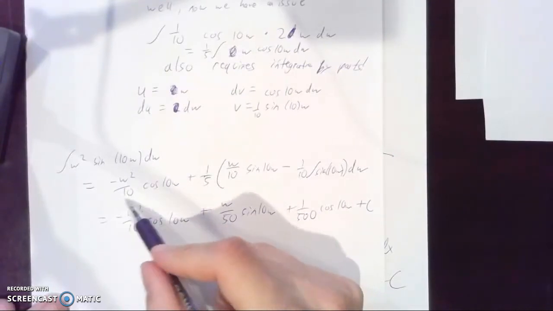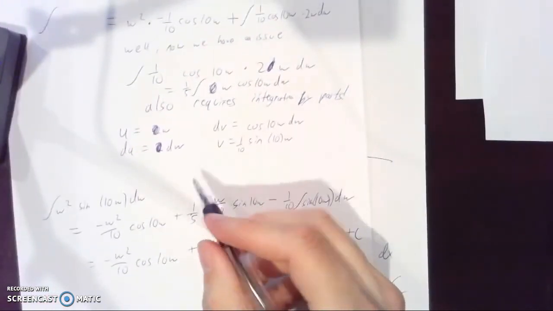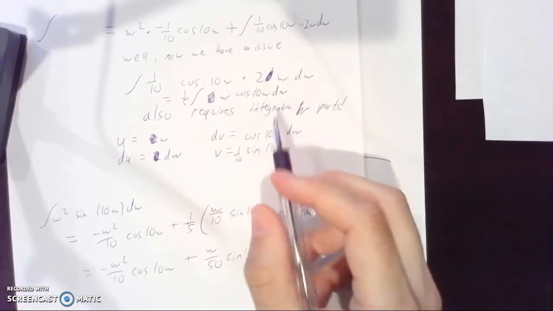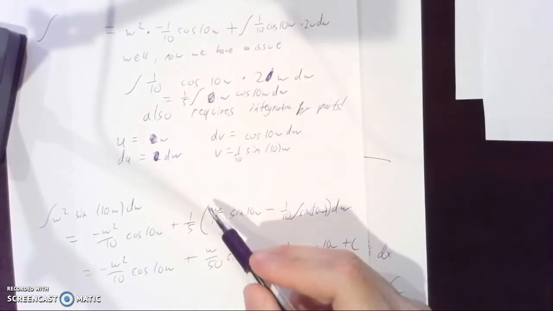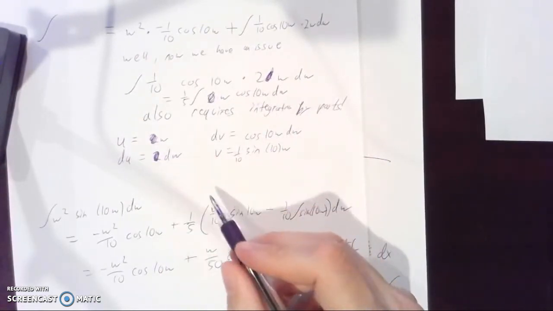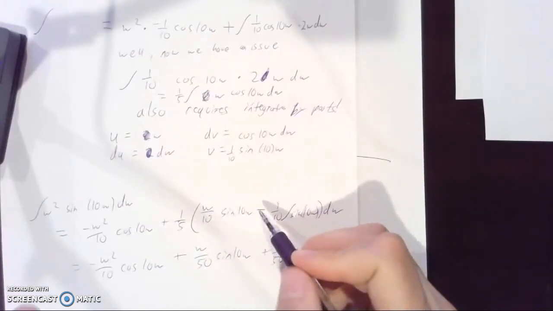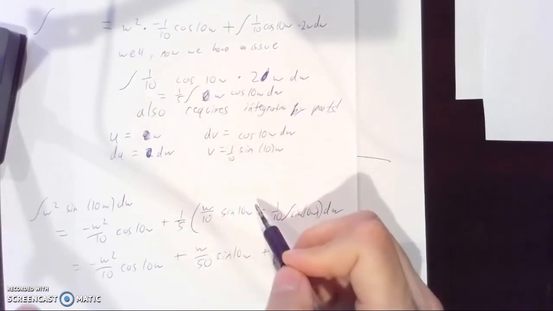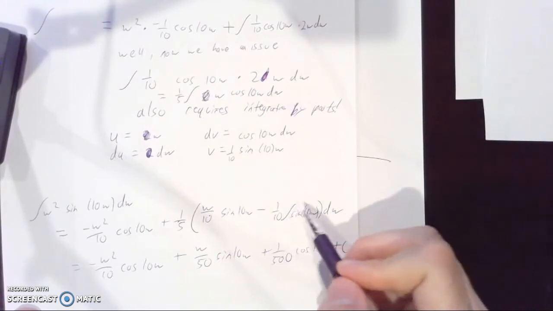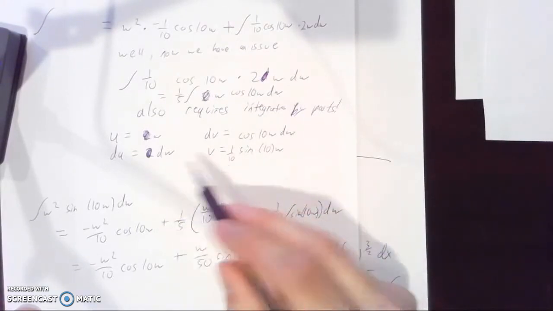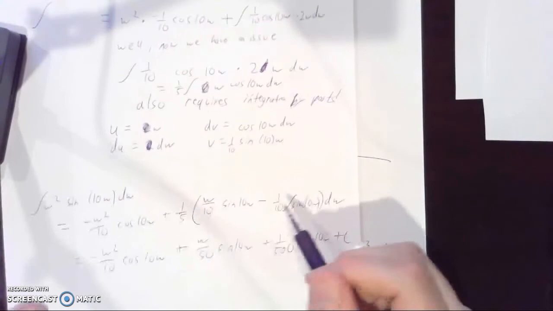We have our first part that was fine. We have 1/5 of the integration by parts that we had to do here, which is uv, w over 10 sine of 10w, minus 1/10 integral sine of 10w dw when you do v du.